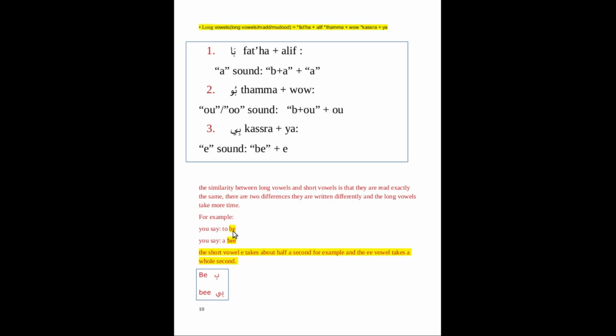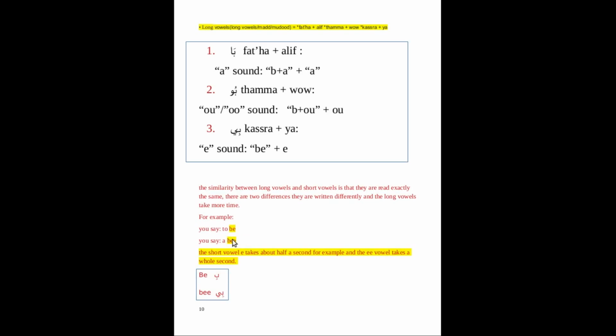Okay, now this is just an example, an example from the English alphabet. This is the verb to be, and this is a bee. A bee makes honey, and the verb to be is a verb. So to be and bee.